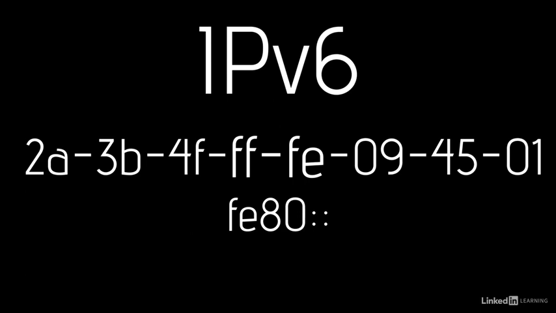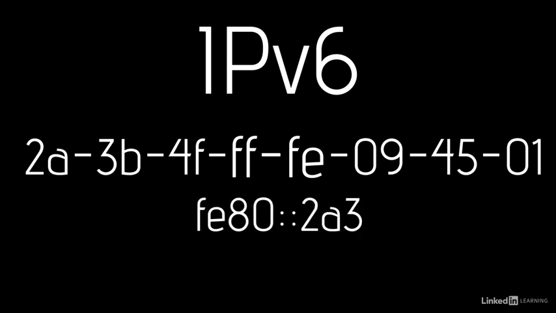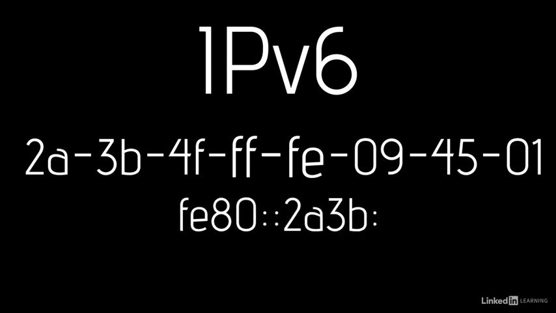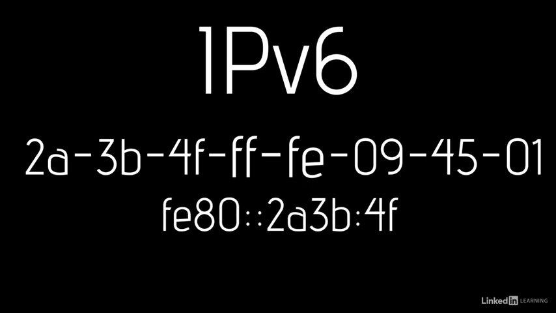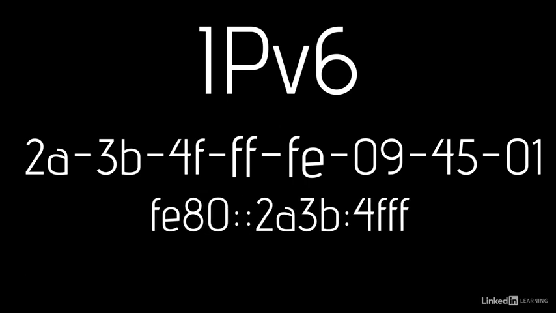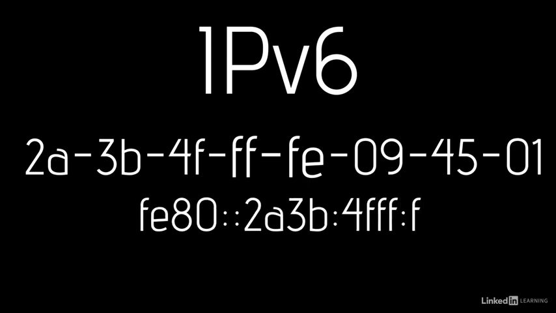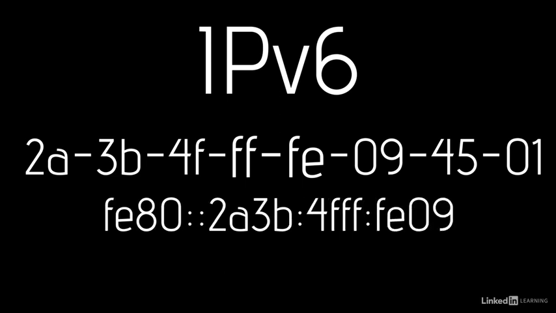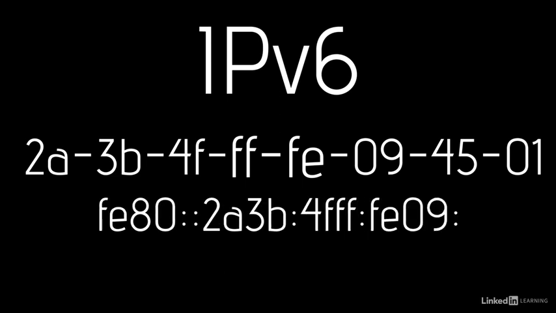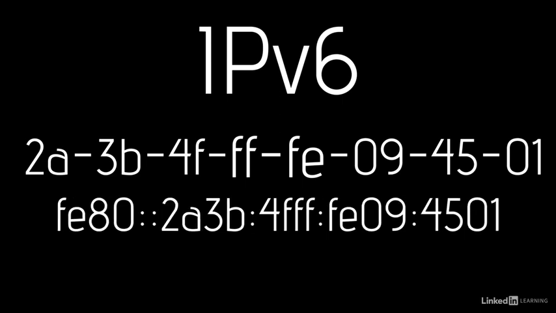So we're going to have 28, 3B, and let's make a colon, and then 4F, FF, and let's make another colon, and then FE09, and let's make our last colon, and then 4501. So that, folks, is where your link local address comes from.